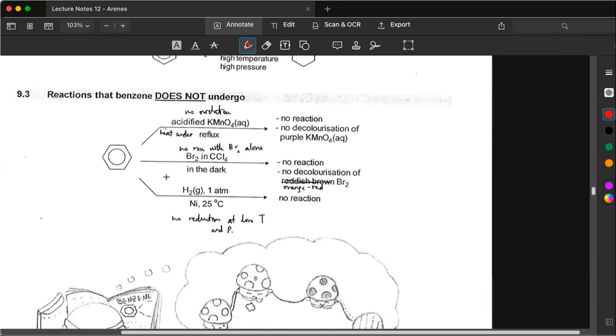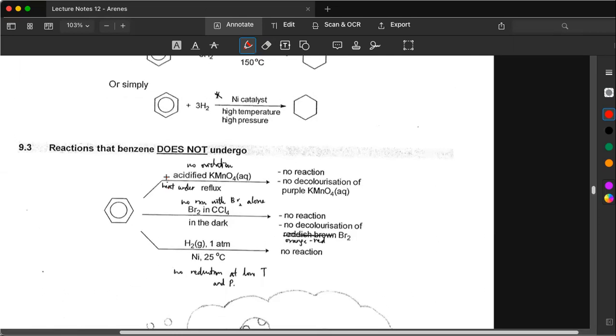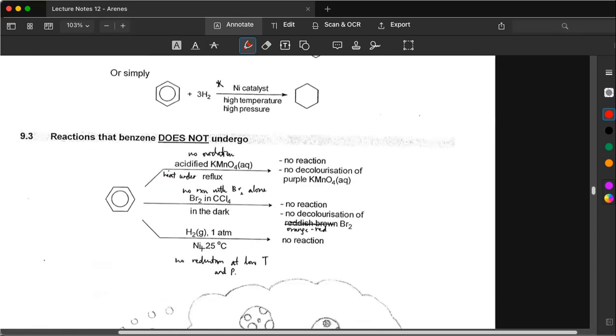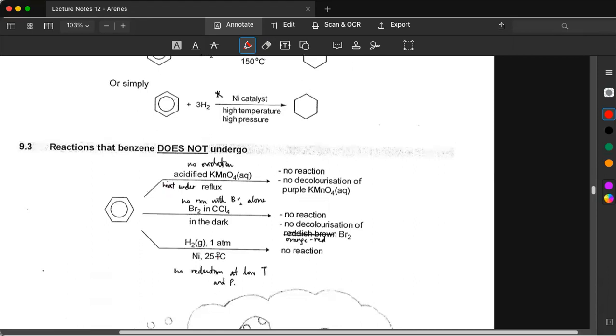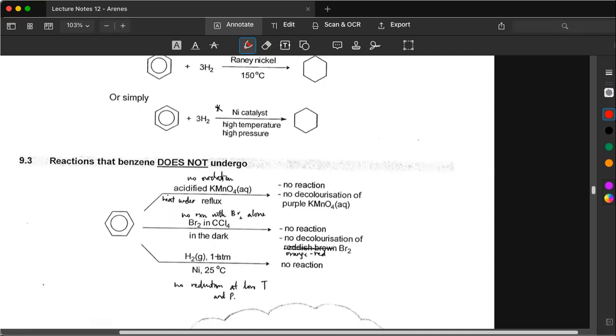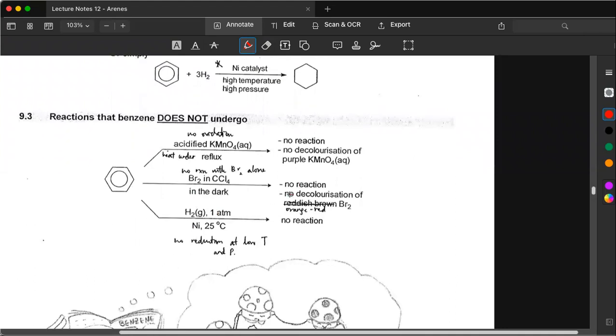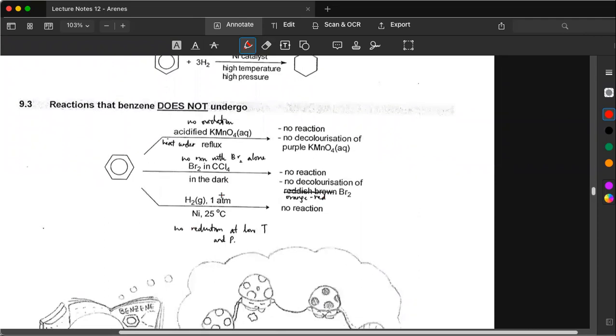But there are some reactions benzene doesn't undergo. For example, oxidation with KMnO4, no reaction with bromine in CCl4, and no reaction with hydrogen at room conditions. It has to be carried out at much higher temperature and pressure even. So this one changes to orange red, not reddish brown.